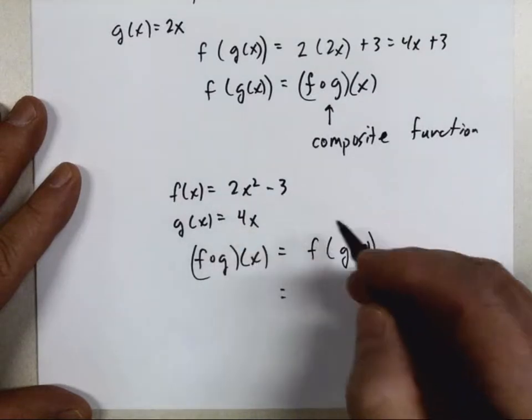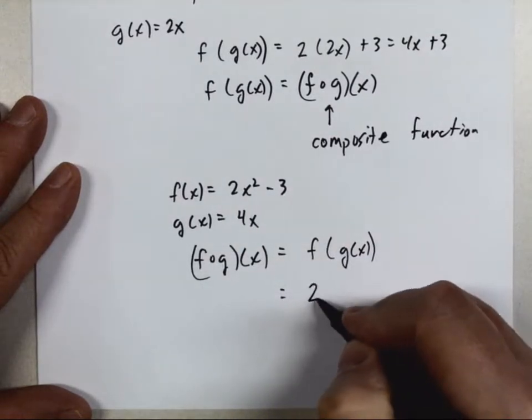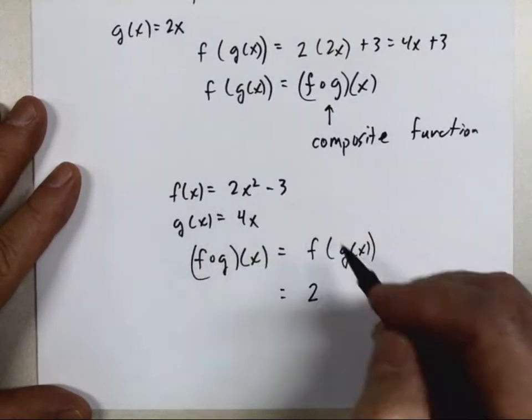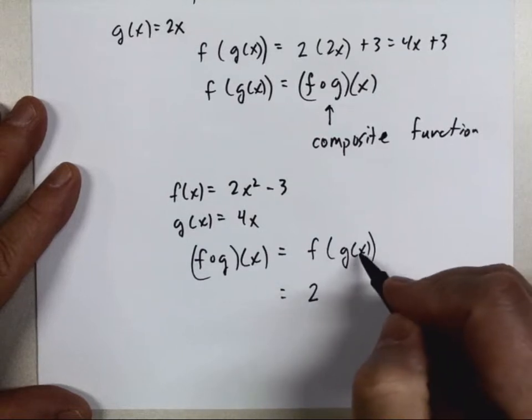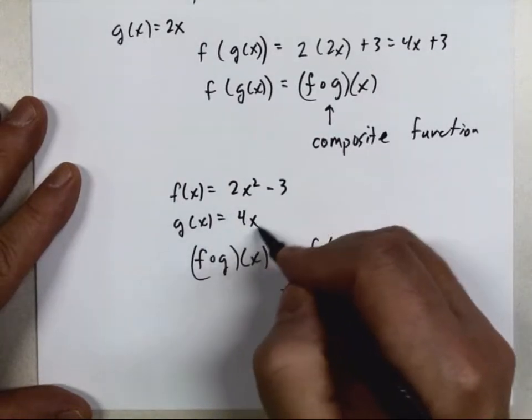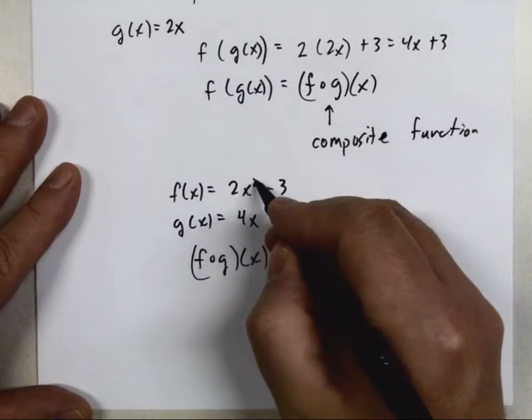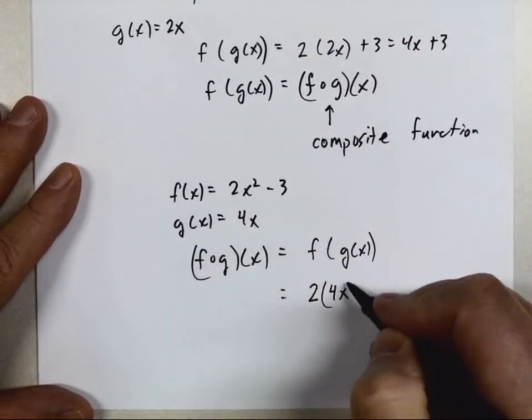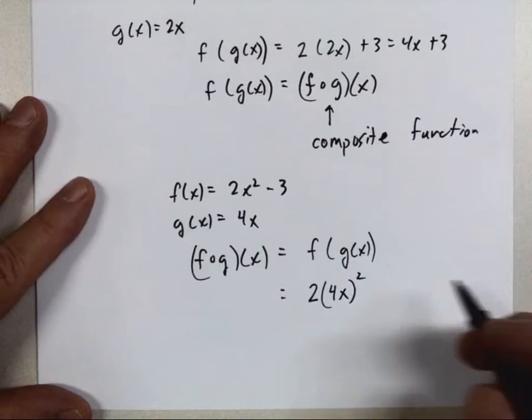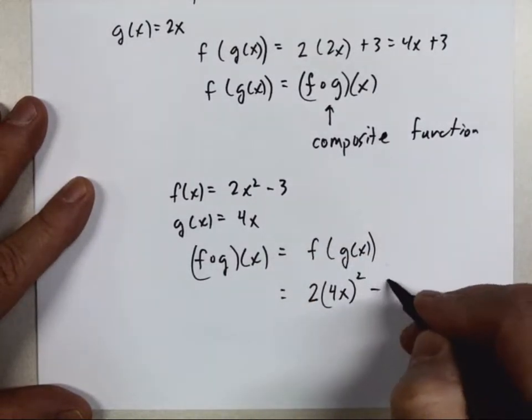I'm going to rewrite the f function, but I'm not going to put x squared. I'm going to replace the x with my g of x, which is 4x. Now since it's x squared, this thing gets squared, and then minus 3.